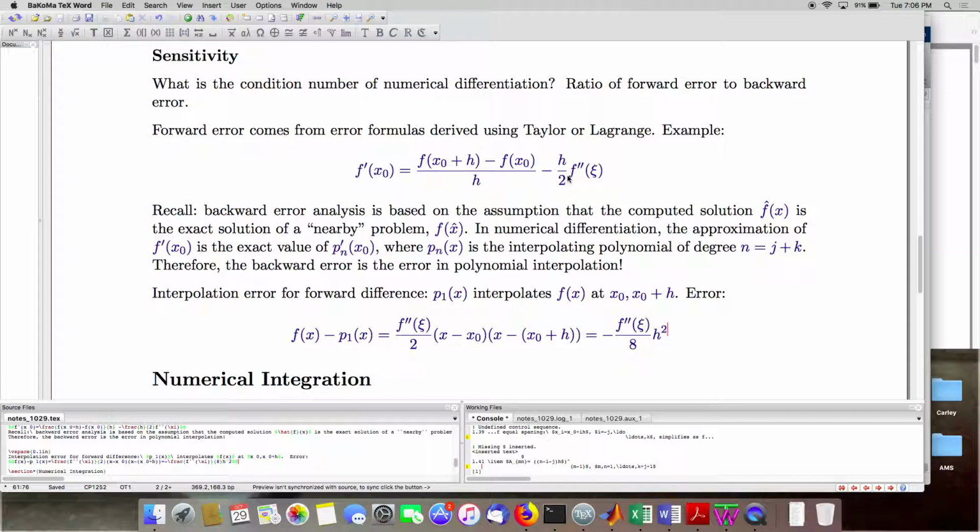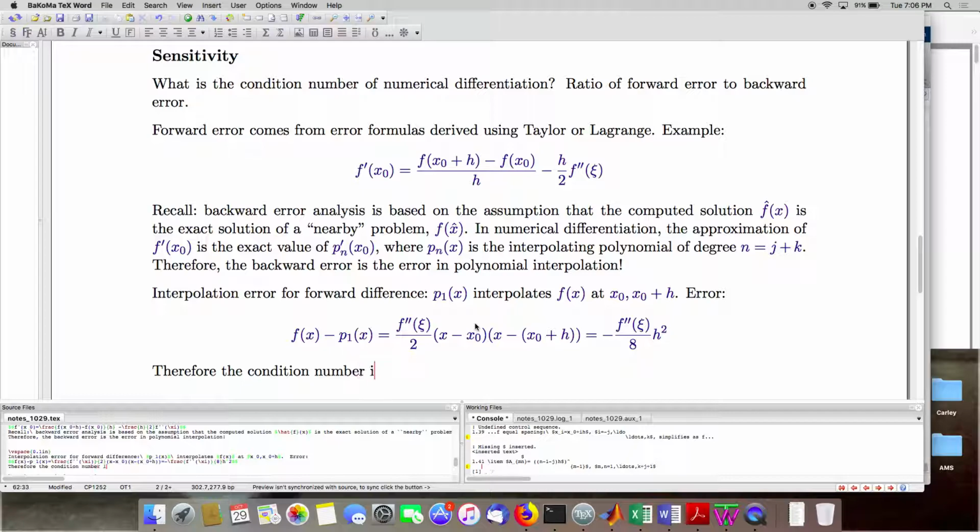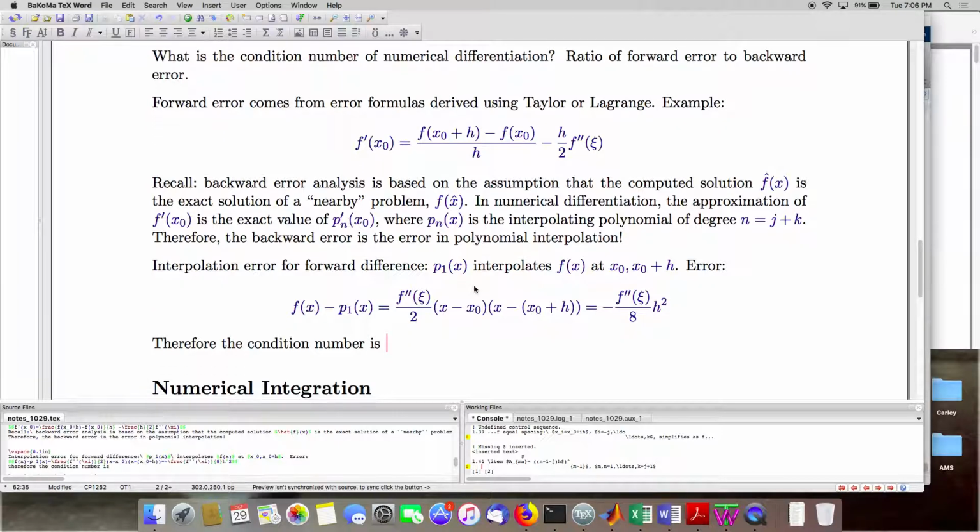So what's the condition number? If this is your forward error, this is your backward error, you simplify as much as you can.